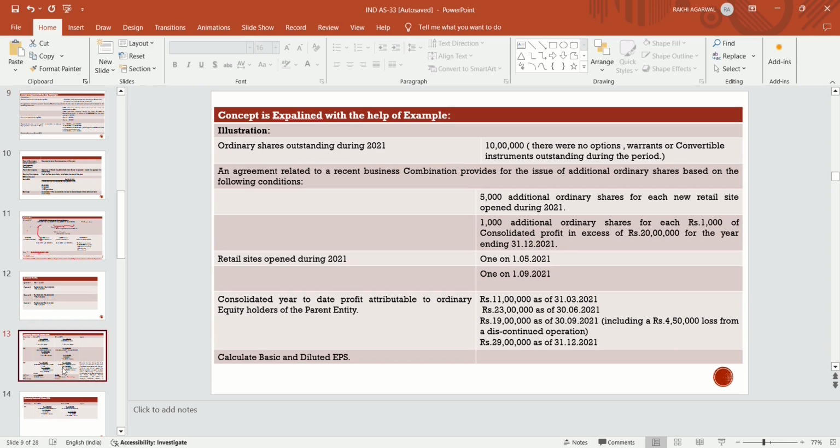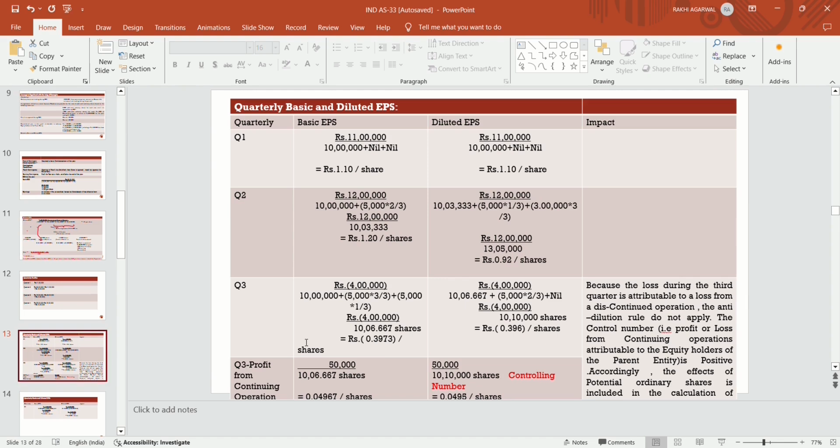Actual profit during quarter 3 becomes 23 lakh 50,000 minus 23 lakhs, so 50,000 from continuing operation. So 50,000 divided by 10 lakhs 6,667 shares in calculating the basic EPS, so it becomes 0.04967 per share. And in case of diluted EPS, 50,000 divided by 10 lakh 10,000 shares, that is the control number, so it becomes 0.0495 per share.